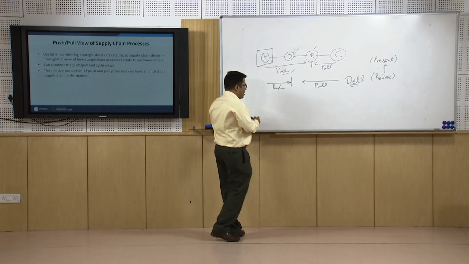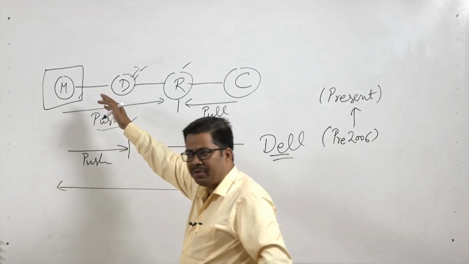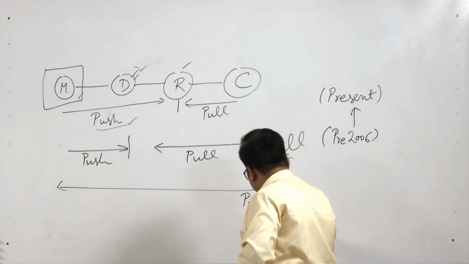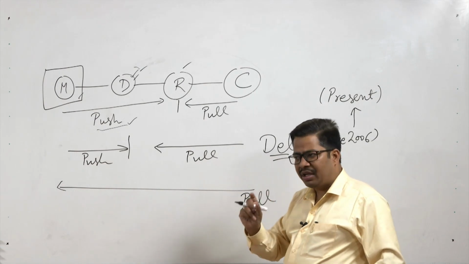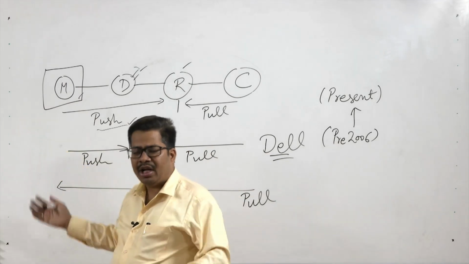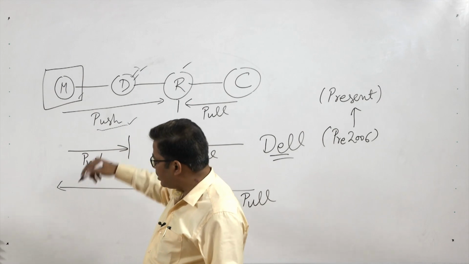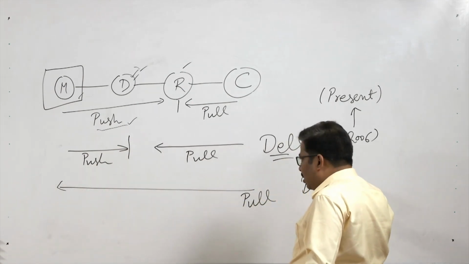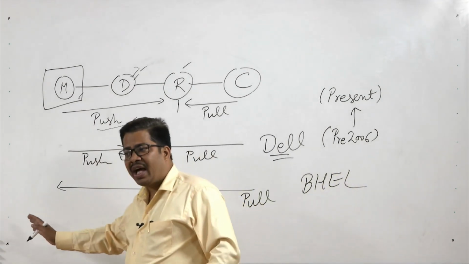In the example of BHEL, you will find that right from the beginning, right from the manufacturer's end, everything is happening in pull fashion, and very little is happening in anticipation. Some raw material procurement, some spare procurement, only those things may happen in push form, but the rest of the things happen entirely in pull form.